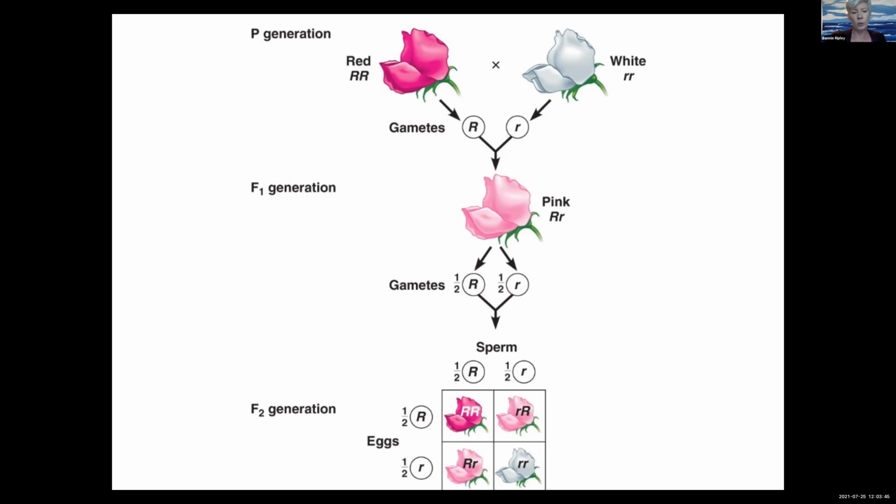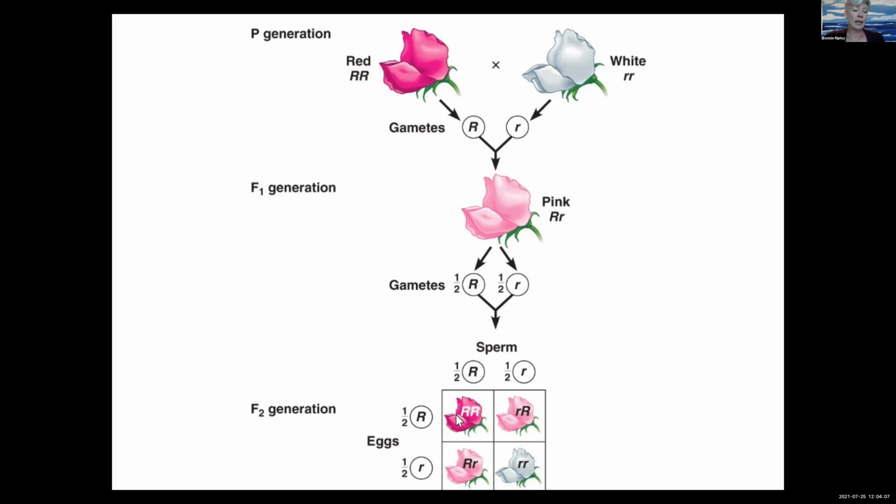Mathematics of probability work like this. Whatever proportion or probability we have of getting a big R sperm, we're going to take that event and say, what's the probability of getting this event and this other thing coming together and happening at the same time? We're going to multiply those probabilities together.